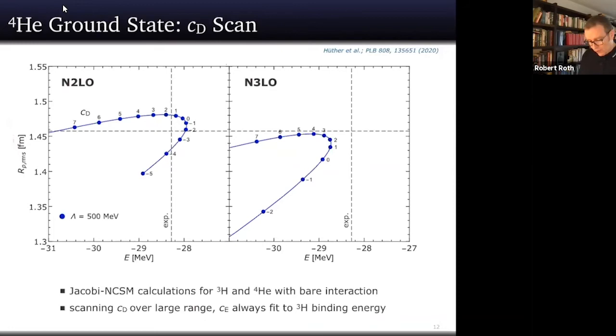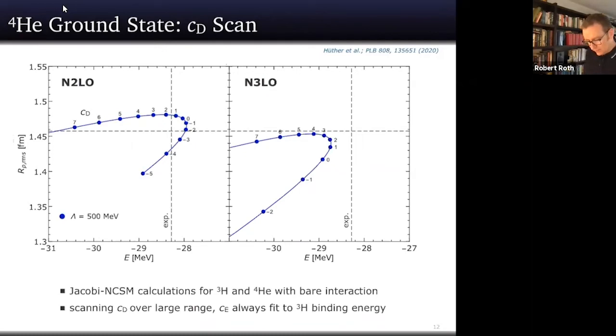These curves, which look like tilted parabolae, are just results of calculations for a given Hamiltonian. And this Hamiltonian gives you one point in this energy-radius plane. The different points are different values of the CD parameter. So I will run through a whole range of CD parameters and get different answers for ground state energy and radii for all of these Hamiltonians.